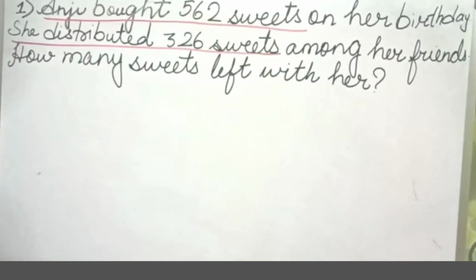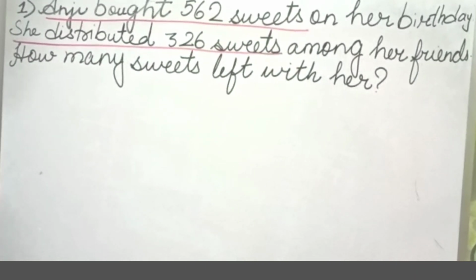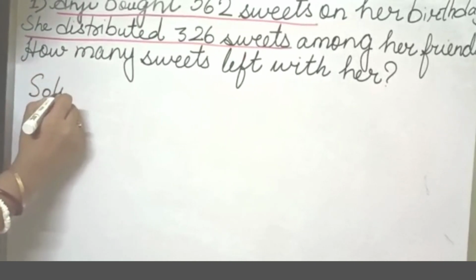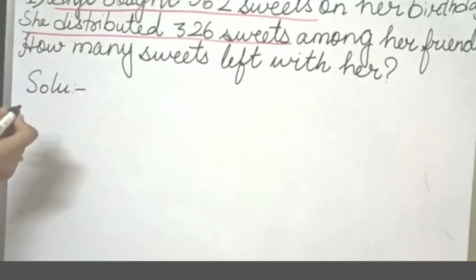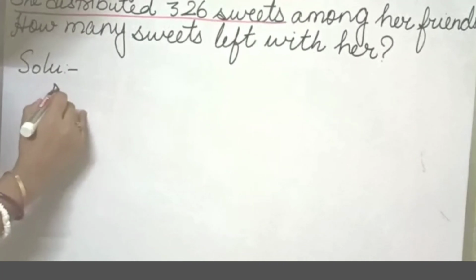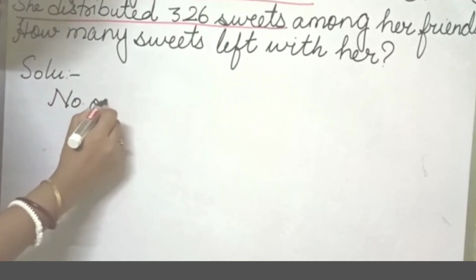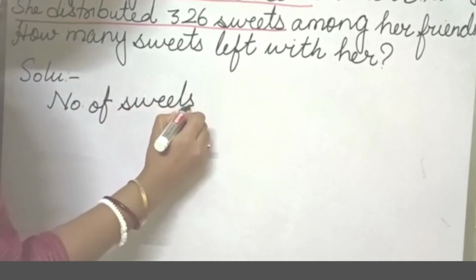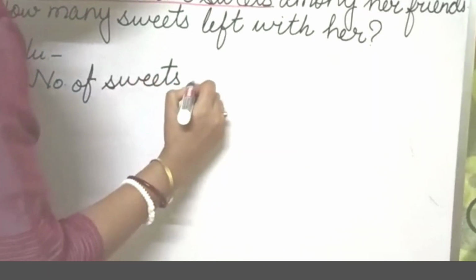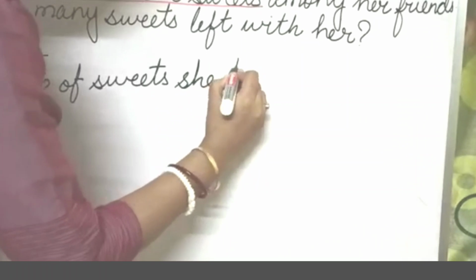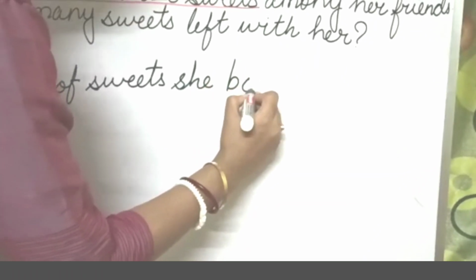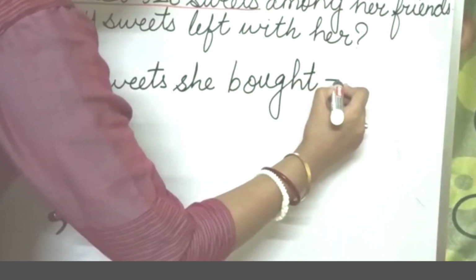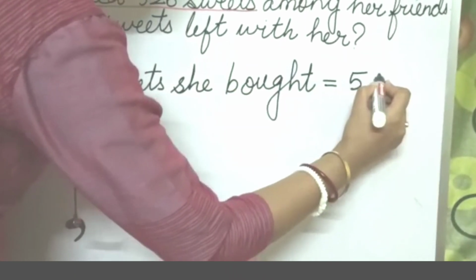Now, as we did in the addition word problem, we will follow the same process. First we will write down Solution, then the same sentences. Number of sweets she brought equals to 562.